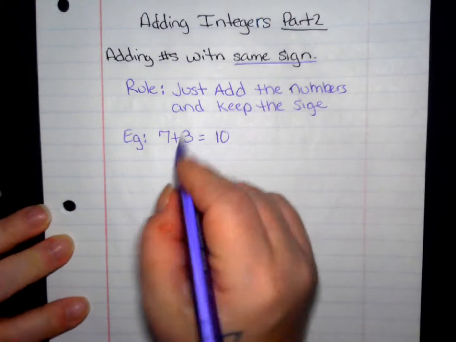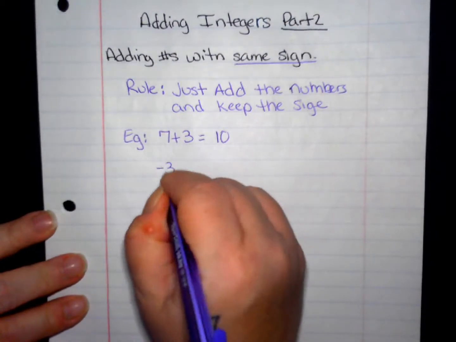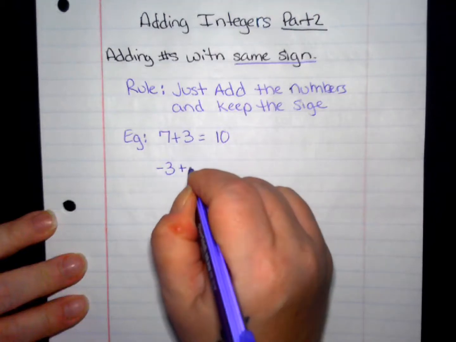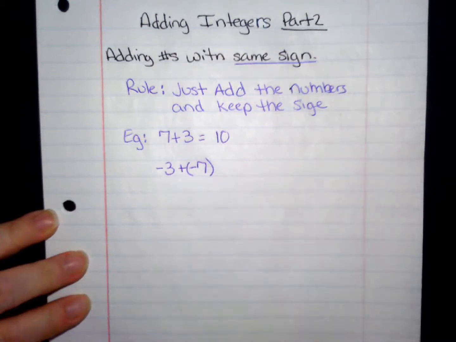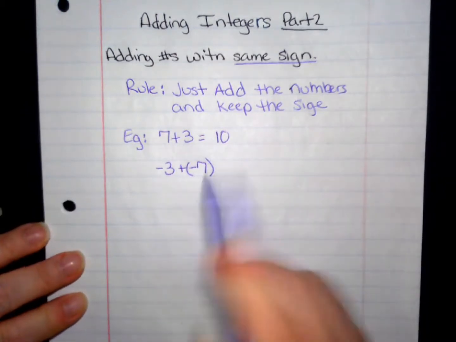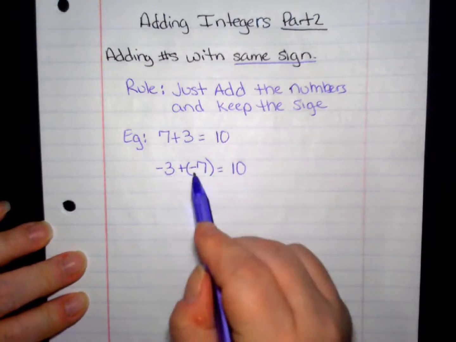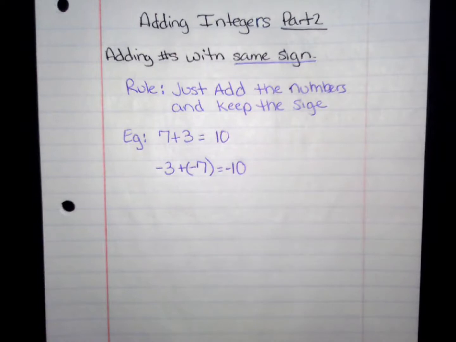A second example is negative 3 plus negative 7. I'm adding two negatives. So I just look at the numbers 3 and 7 and I add them and I get 10, and then I keep the sign of both numbers. So it's negative 10. Okay? So that's the rule if they have the same sign. Just add the numbers and keep the sign.